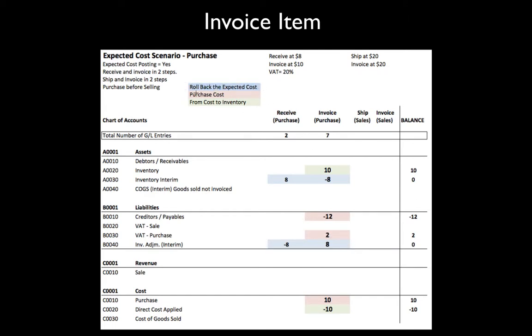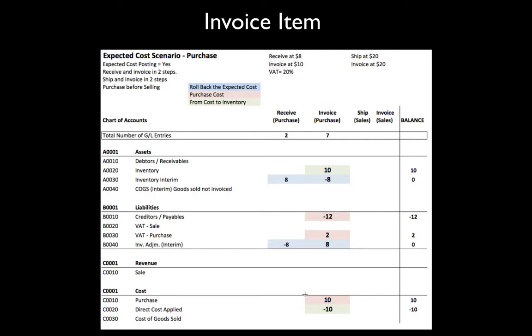So the next one is the purchase cost, and when you buy something, the way that Navision thinks is that, well, we're going to have a cost. So it's going to cost us $10 to buy this item. Keep in mind now that the reason it's 10 is because we received the invoice and we now know that the actual value is 10.